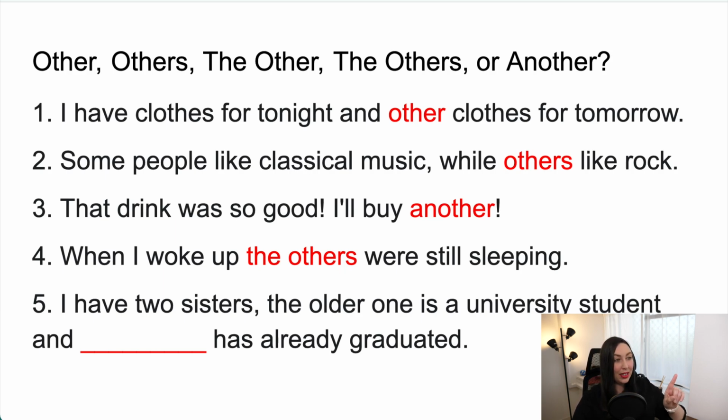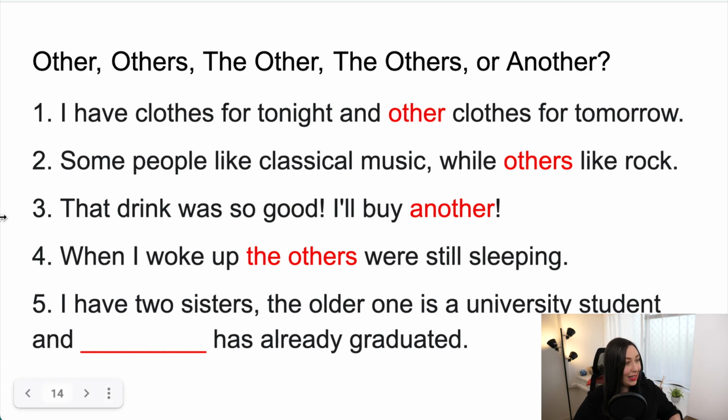Okay, so here, when I woke up, so let's imagine you went camping with a group of friends, right? So you woke up, but the rest of the people in your group were still sleeping. So remember that the others, the other people, the others were still sleeping means the other people in your group, okay?